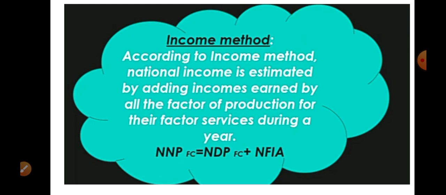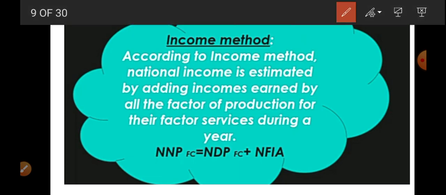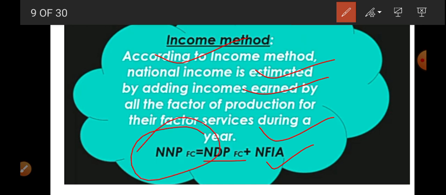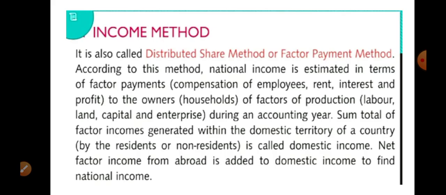Now come to the next method, that is income method. According to the income method, national income is estimated by adding income earned by all factors of production from their factor services during a year. So whenever you use income method, you get NDP FC. When you add NFIA, it is converted into NNP FC.